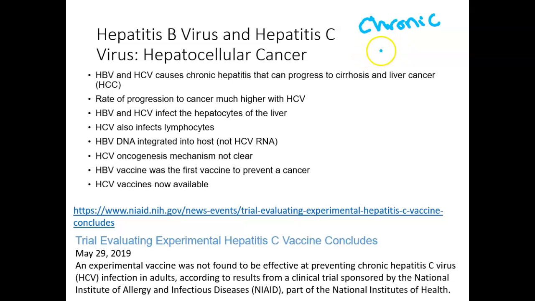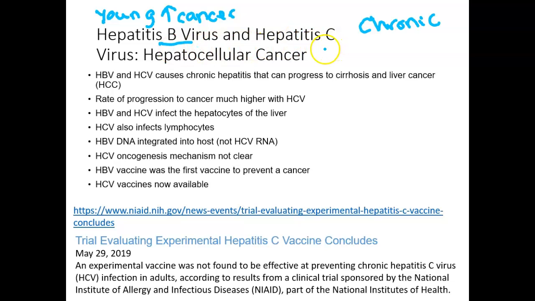Now, the rate of progression from infection to cancer varies, particularly with hepatitis B. With hepatitis B, if you're infected when you're young, you are much, much, much more likely to get cancer. If you're infected when you're older, you're much less likely to get chronic infection and later develop cancer.